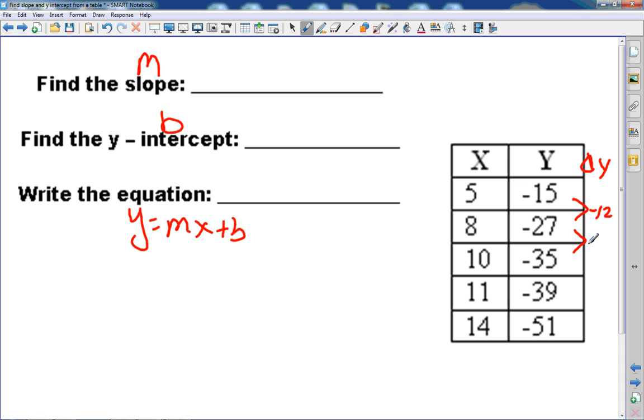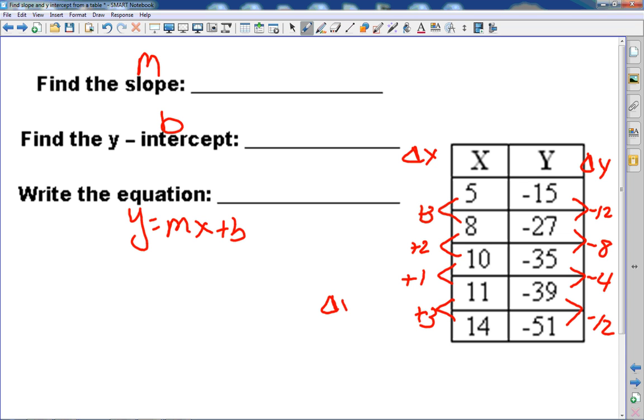Next, I have -8. Right here, this is -4. Now again, if these trip you up, take the bottom number minus the top number. That's -12. Next, I have delta x, the change in x, plus 3, plus 2, plus 1, plus 3.